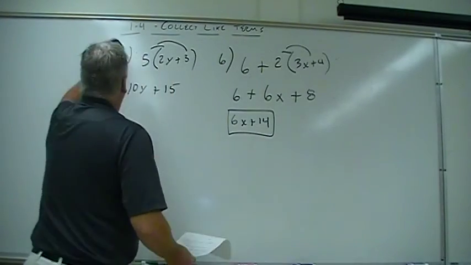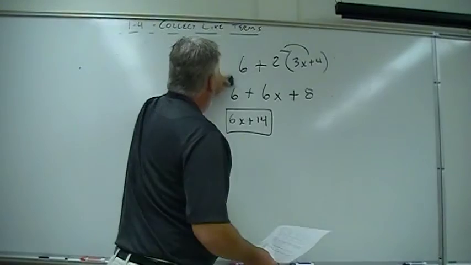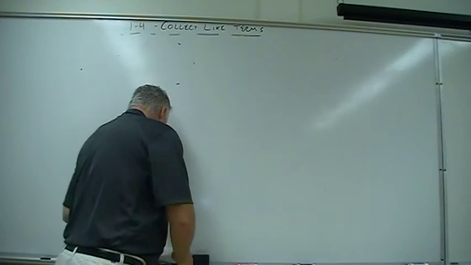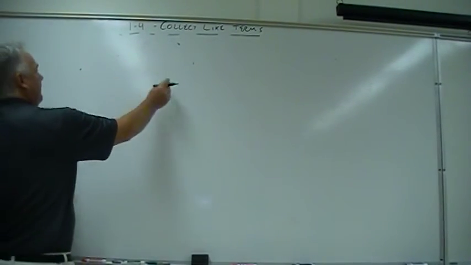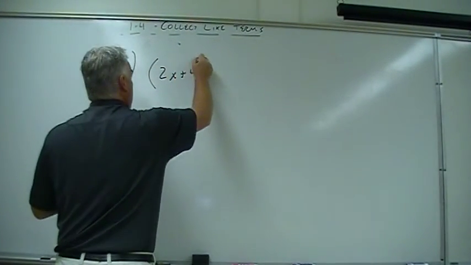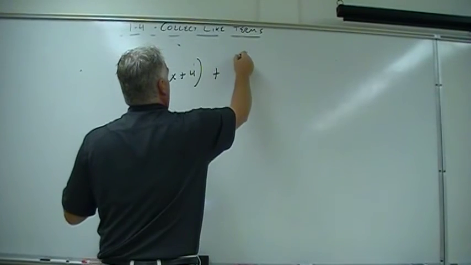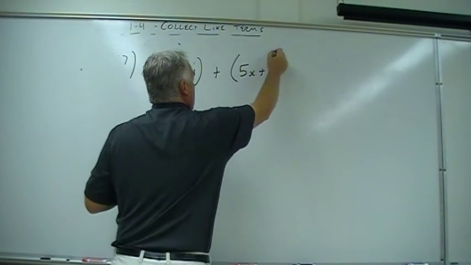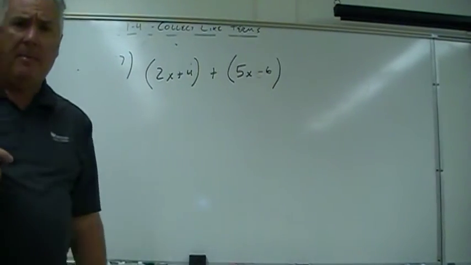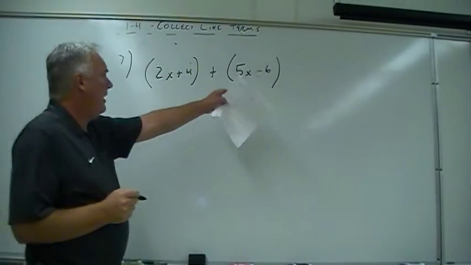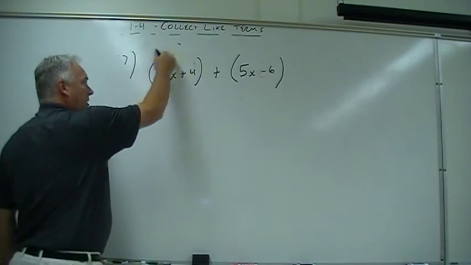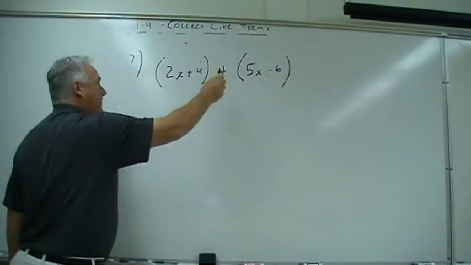Okay? 2 more. I'm not sure I'm going to get through both of them. See what we can do. 7 is important. It's important because of the minus sign. Okay, right here in the parentheses. What we do is we do what's in here plus what's in here as a group.